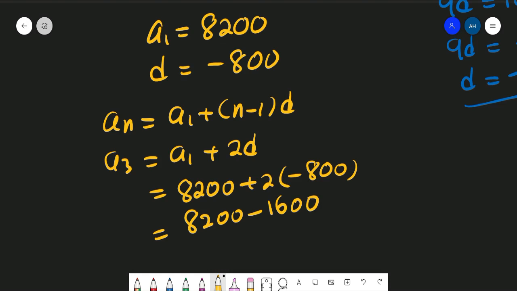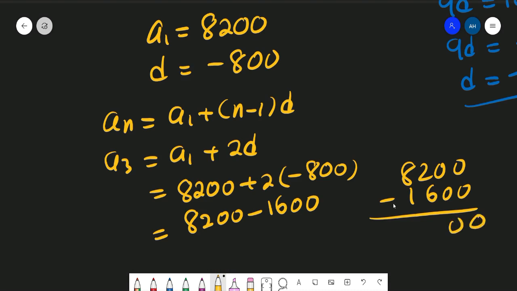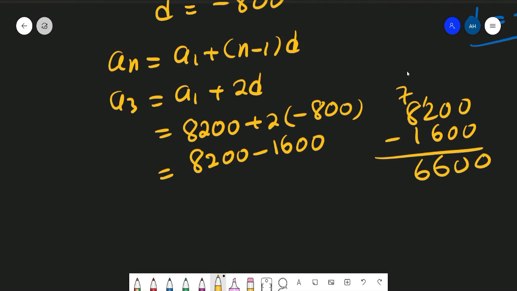What's the answer? 8,200 minus 1,600, we have 6 here, we have 7 there, and 7 minus 1 is 6. That is the total amount of bonus that the third rank person gets, that is 6,600 ringgit.